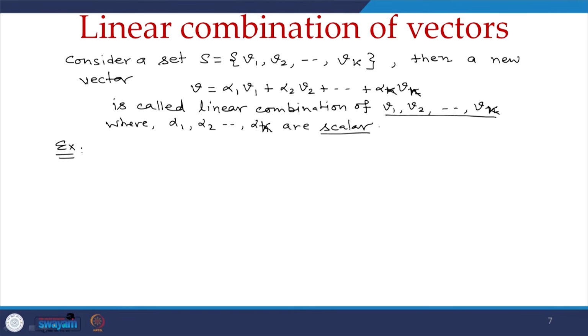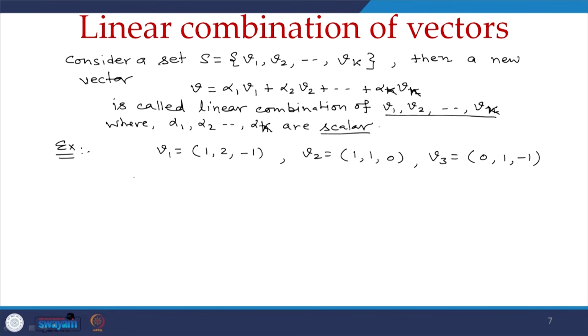So, for example, you take 3 vectors v1 equals to (1, 2, minus 1), v2 equals to (1, 1, 0), and v3 equals to (0, 1, minus 1).